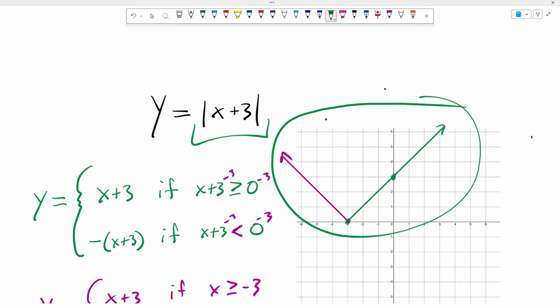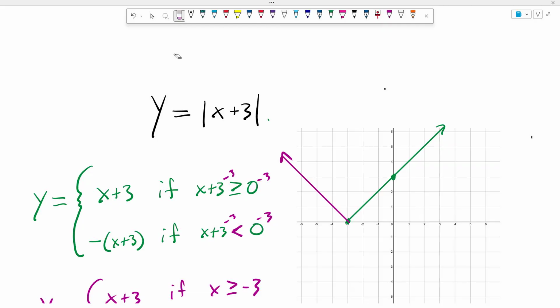Okay. And how can we tell that from here? Did you guys do many transformations last year of actual functions? Okay. That's okay. So the only thing different, our previous one was y equals absolute value of x, right?